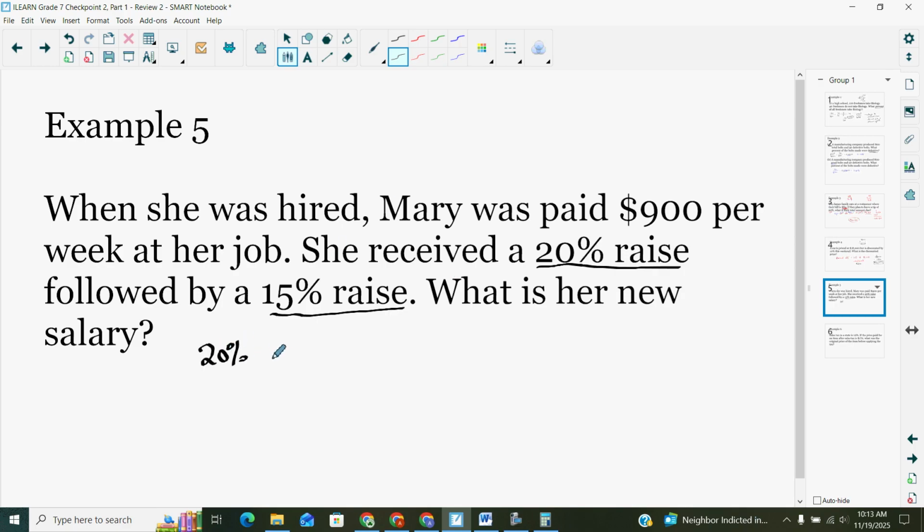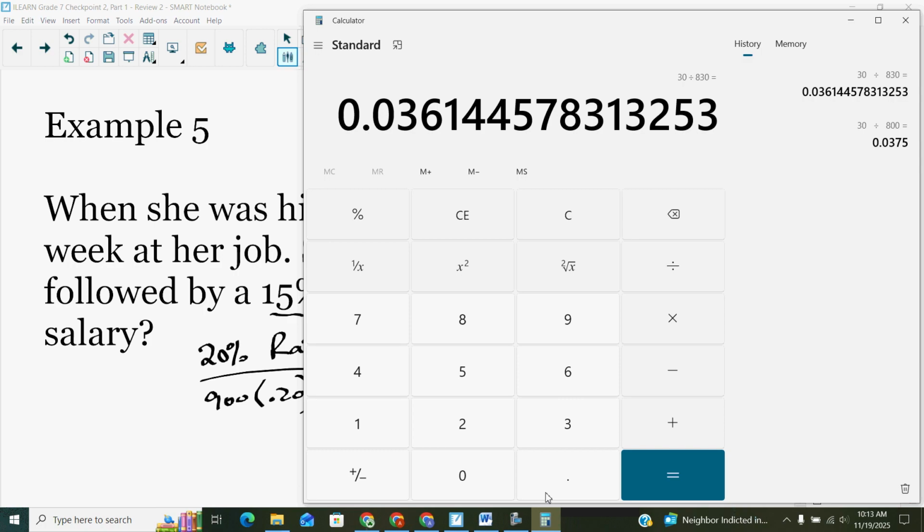So let's start with the 20% raise. To give her a 20% raise, right now her salary is $900. And I want to increase her salary by 20%. So I'm going to multiply that by 20%. We're going calculator problem on this one.